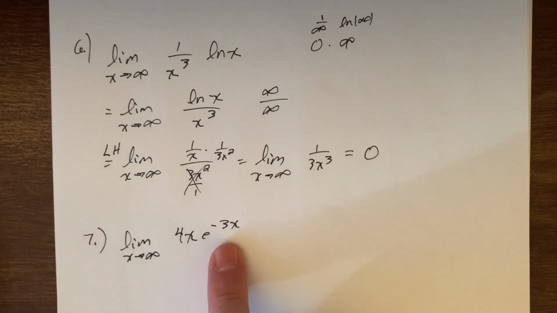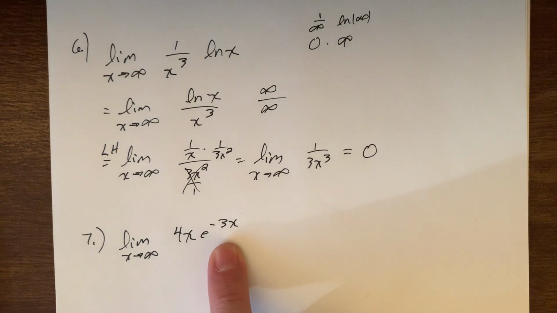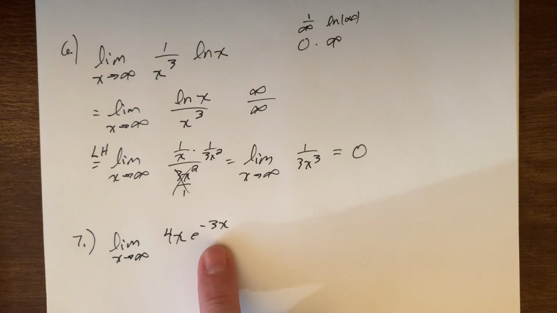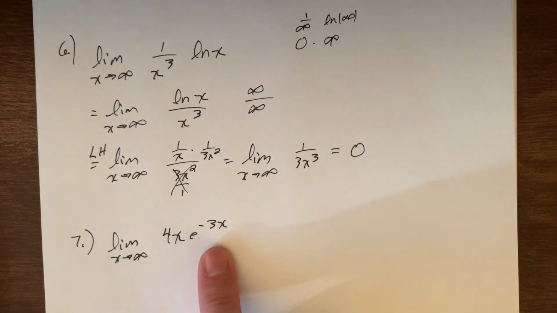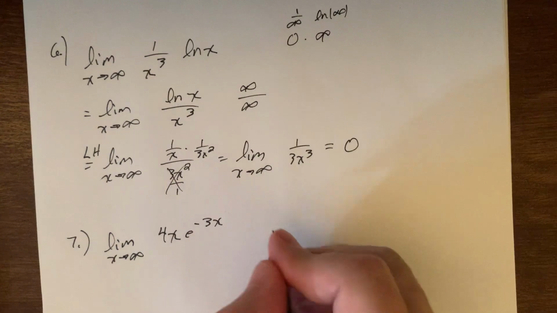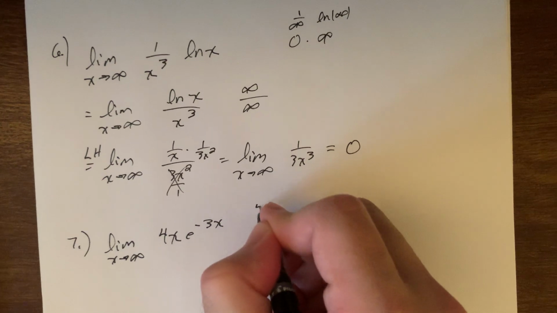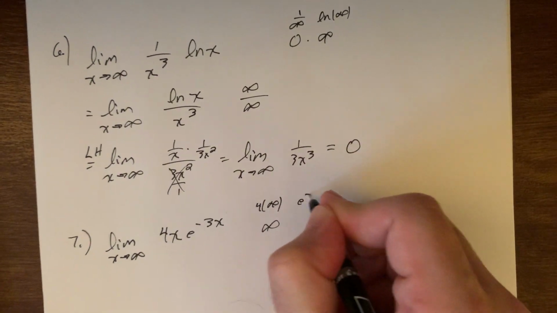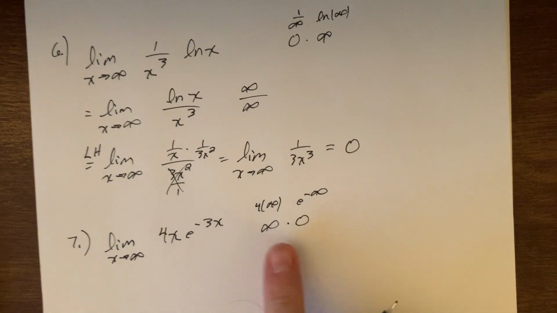Again, multiplication. I don't have division. There's no chance L'Hopital's rule applies, but first things first, let me plug in. 4 times infinity is infinity, and then I get e to the negative infinity, which is 0.